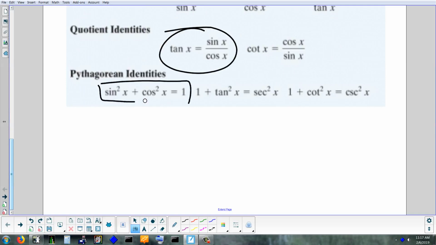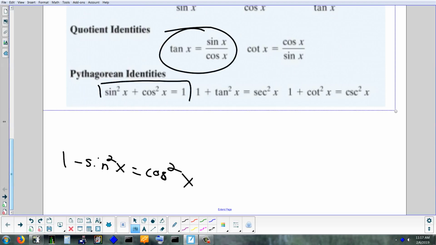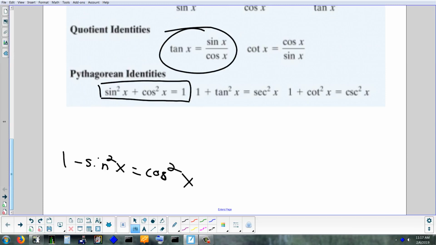Well, you might see something like this in a problem. That's the same thing. What I just wrote in black here and what's in that box right there, all you did was take something that was in the box and put it on the other side. If I subtract sine squared from the left and from the right, that's gone.